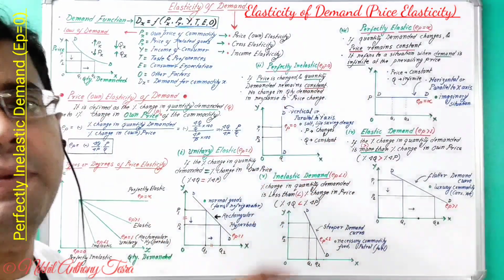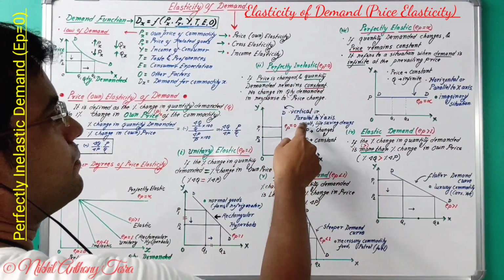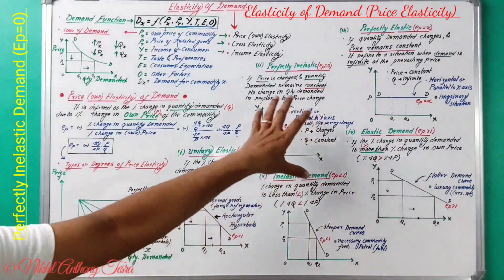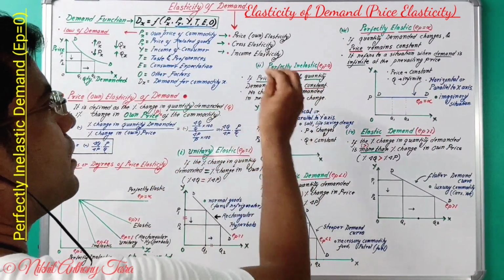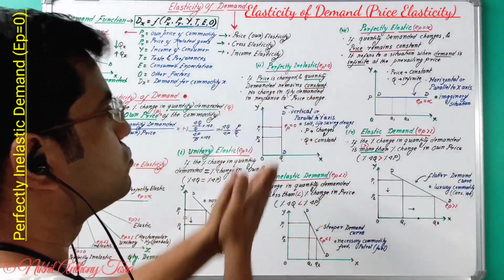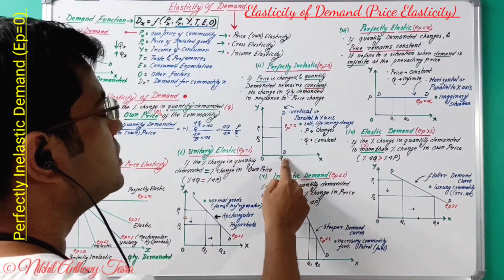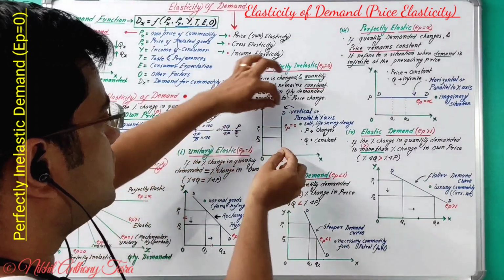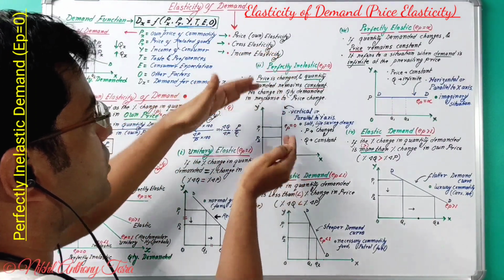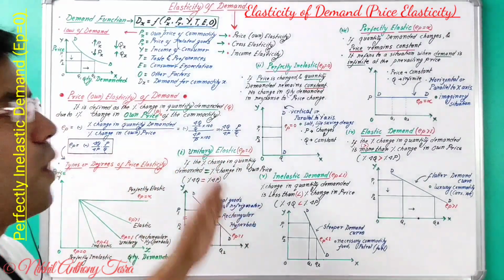The quantity will be fixed in that particular case. So this is clear, friends. Perfectly inelastic is EP equals to 0. Here price changes, but quantity demanded doesn't change. It remains constant, and DD is the demand curve, which is vertical or parallel to the y-axis.